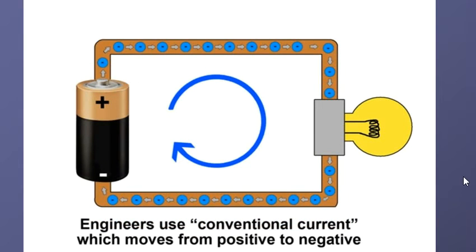But engineers use the conventional current because in the past they didn't know that the electrons were leaving the negative terminal to go to the positive. So normally what we do is that we imagine that the current is going from the positive to the negative. It doesn't matter much, but it's just the conventional current, the one we're gonna use.